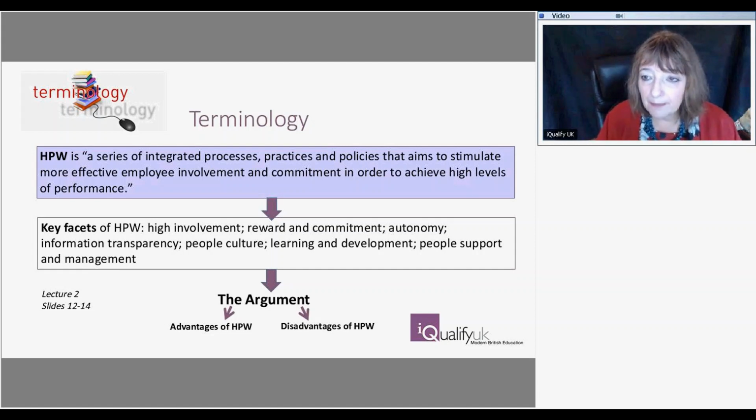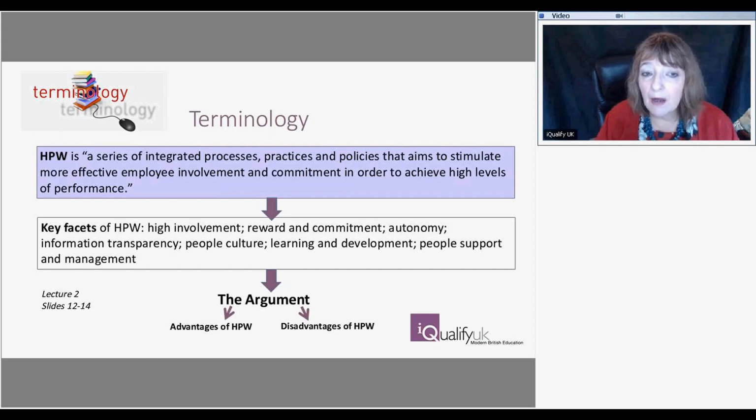HPW, high performance working, is a series of integrated processes, practices and policies that aims to stimulate more effective employee involvement and commitment in order to achieve high levels of performance. So what were the key facets of HPW?